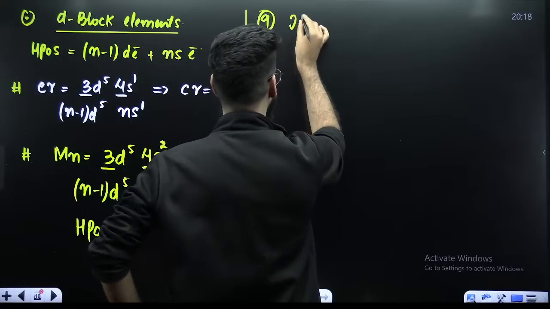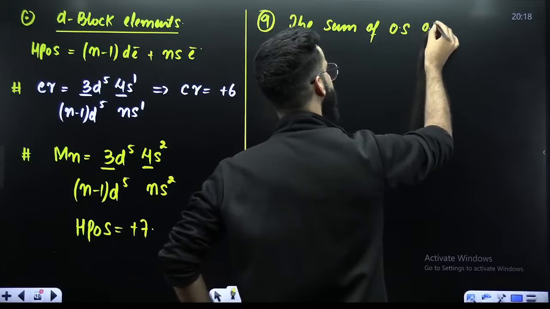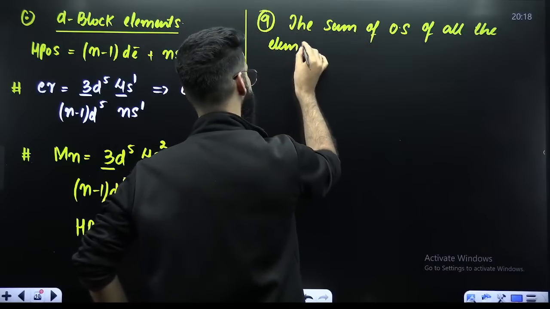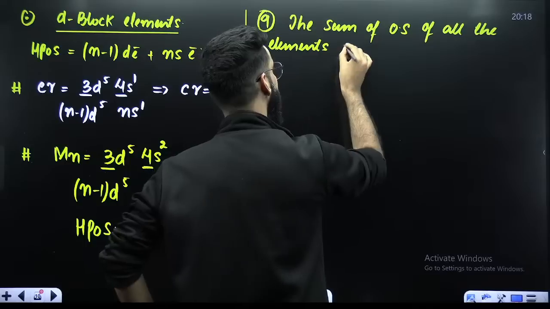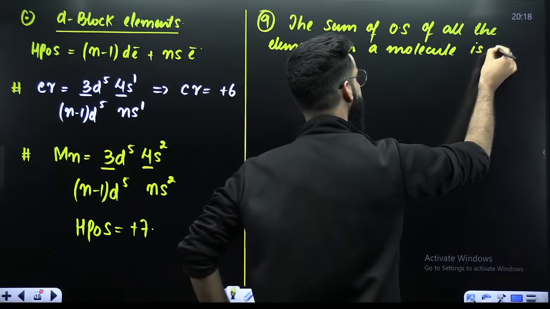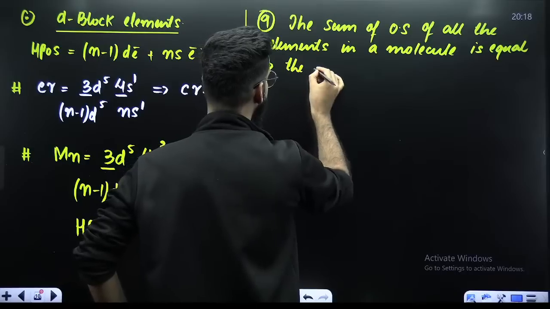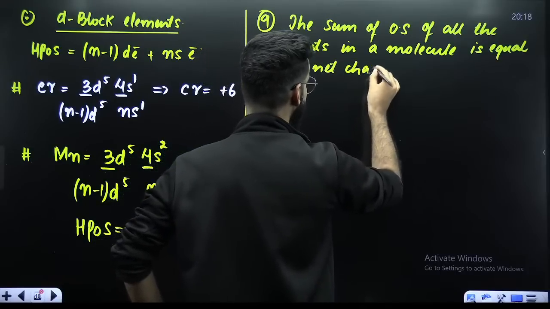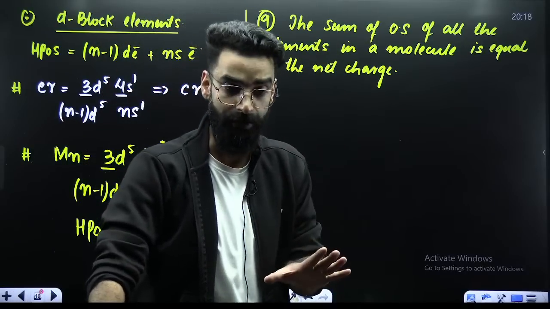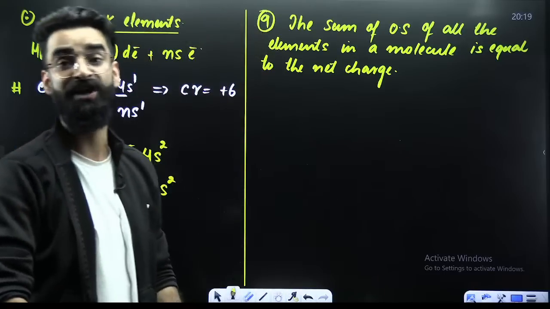My dear students, do remember the sum of oxidation states of all the elements in a molecule is equal to the net charge present on the molecule. The sum of oxidation states of all the atoms in the molecule is equal to what? Is equal to the net charge present on the molecule.